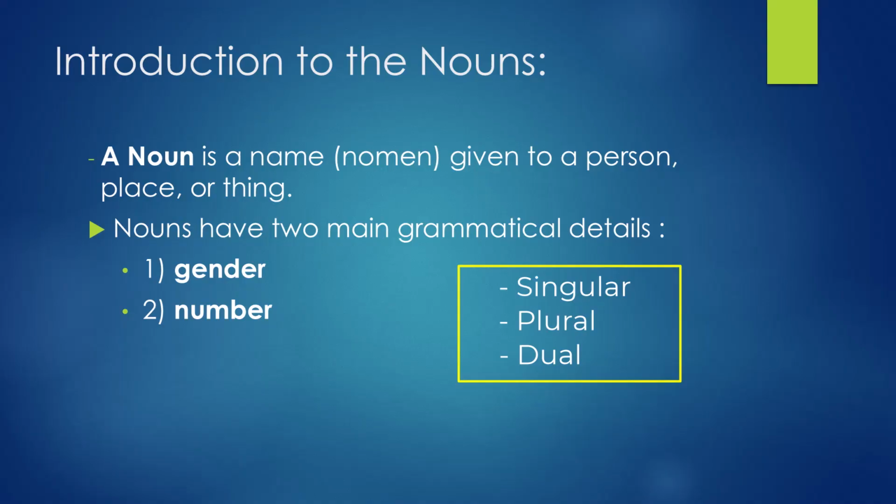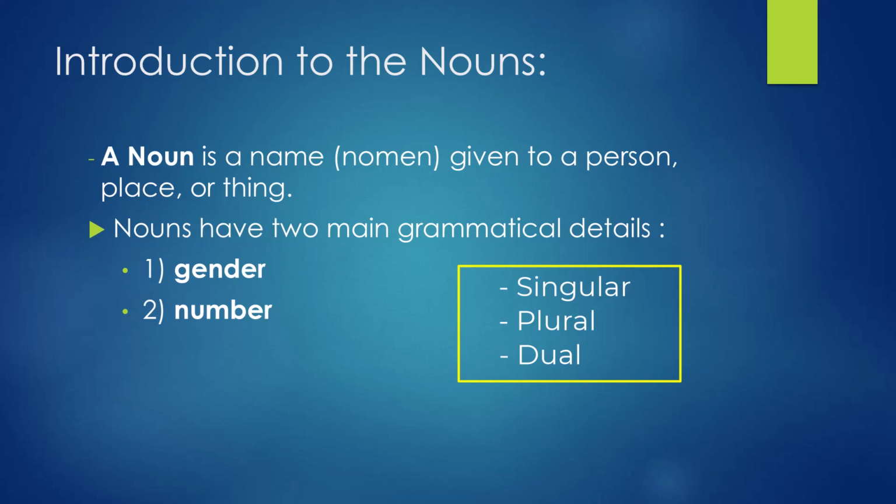And if we're talking about exactly two objects, the number is going to be dual. Dual means two. Dual in Hebrew refers to objects that appear in pairs, like a set of two hands, two ears, two legs. These are going to be in the dual because they're a pair.